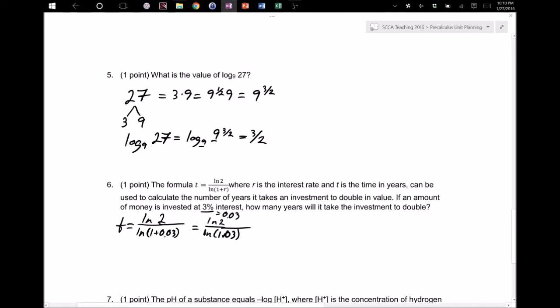And then we compute it. I am not going to get into more details. You're going to plug in ln 2 divided by ln 1.03, and you should get 23.45. So how many years? Approximately 24 years.